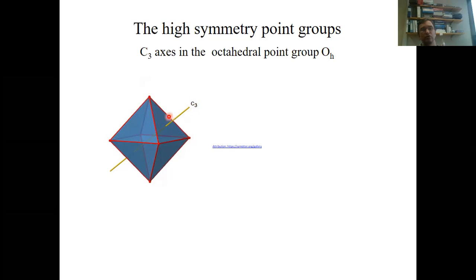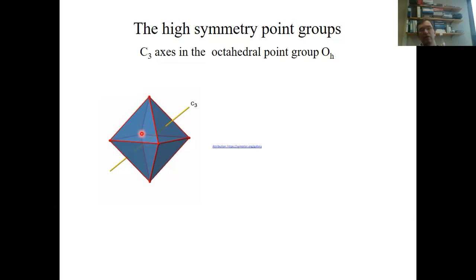Okay, you see that these 2 faces are oriented in a staggered fashion relative to each other. So as we carry out the symmetry operation, you see this here, we rotate by 120 degrees, and then this face superimposes the original face, and this face here again superimposes the original face, and the entire octahedron superimposes.